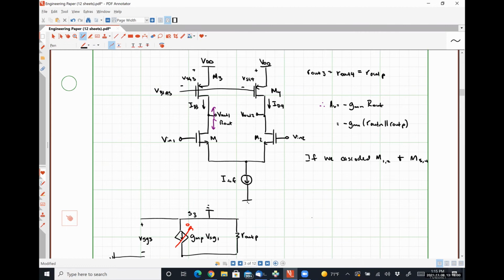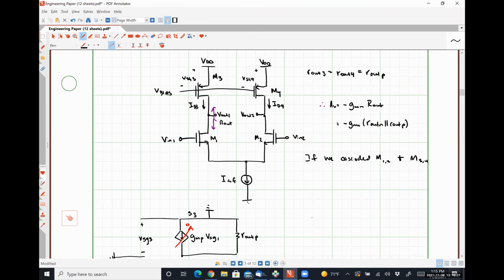So we would find it hard to use this particular configuration to drive a component, like a resistive load or something like that, okay?